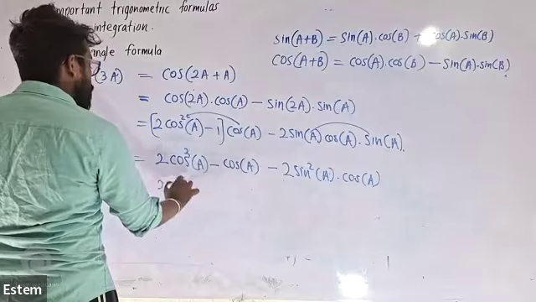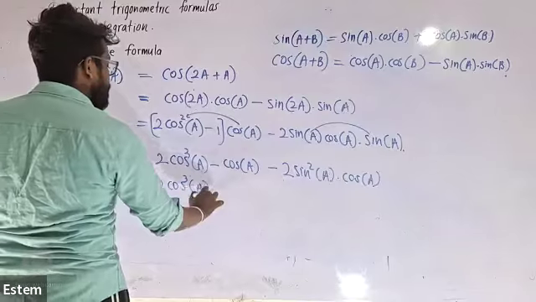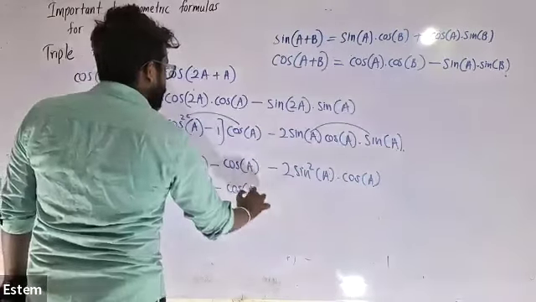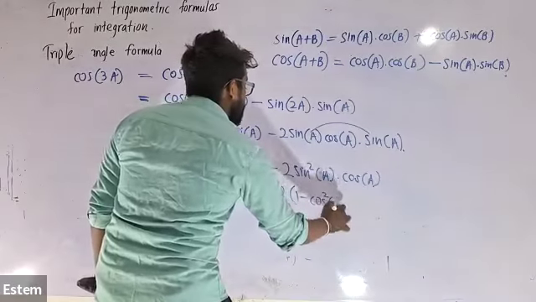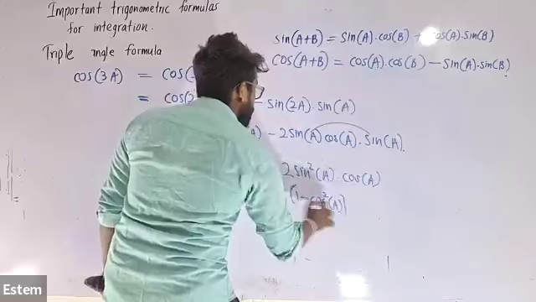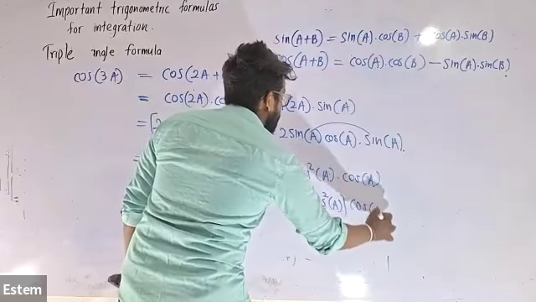Now we should express all these things in terms of cos, no? So sine squared a is 1 minus cos squared a, multiplied by cos a.